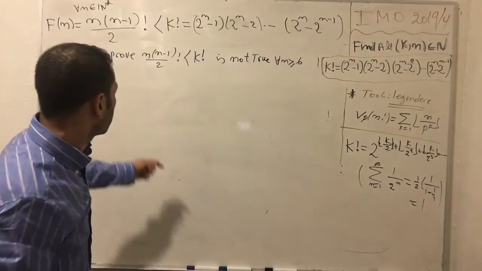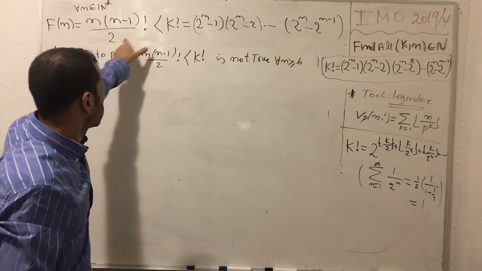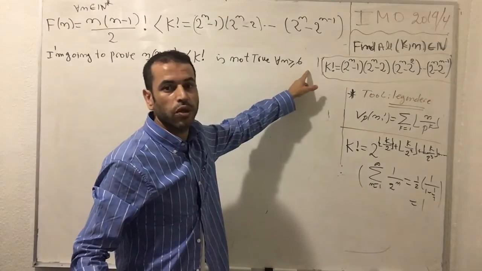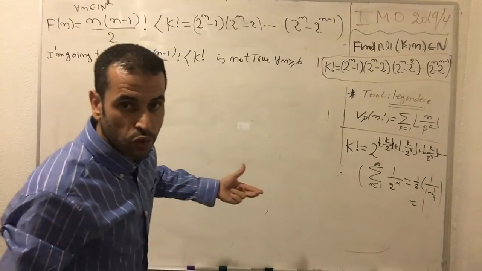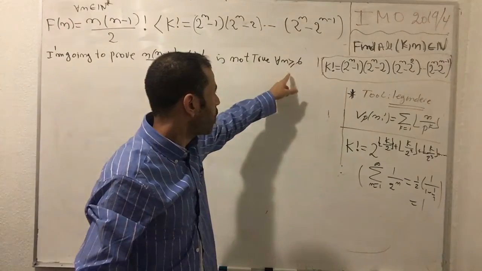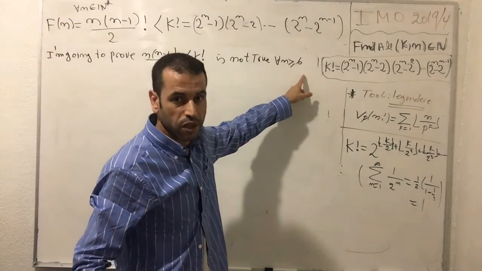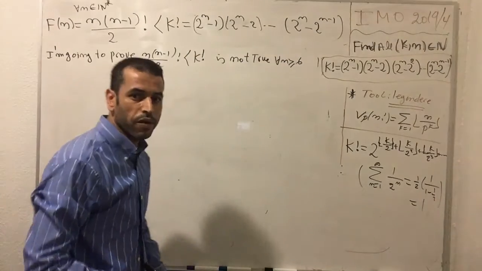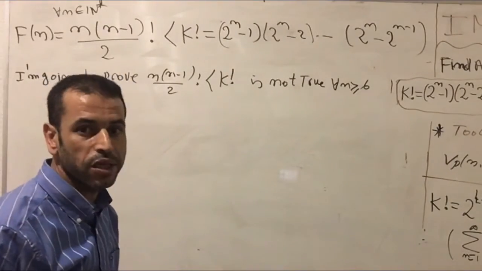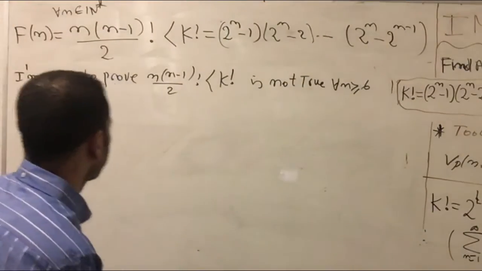In this step, I'm going to show this expression is not true for all n greater than or equal to 6. In other words, this equation doesn't have a solution if n is greater than or equal to 6. I'm going to show that. But before I use the induction theorem, I'm going to check the base point where I can start my induction.